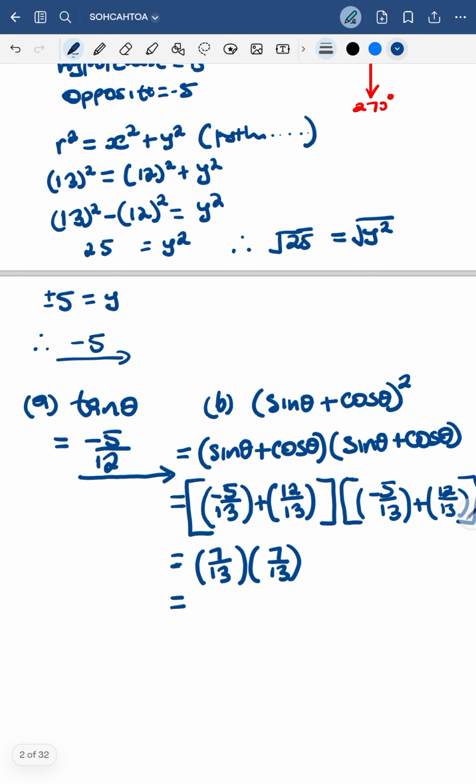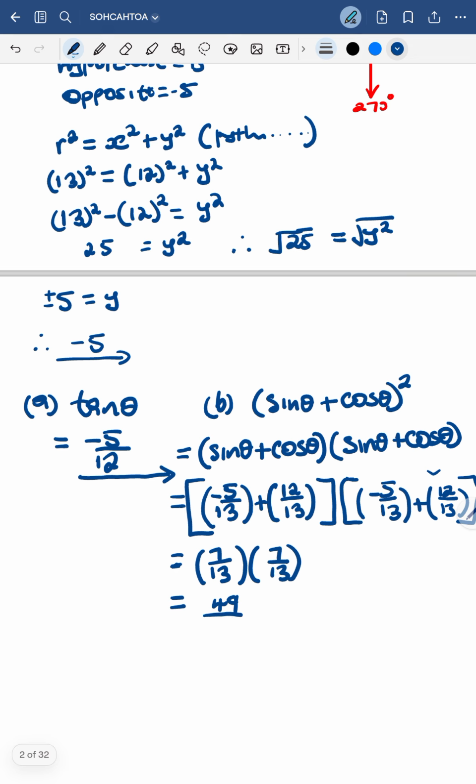Here on this side. So again, let's come to the multiplication. The multiplication doesn't choose which one is the same. It multiplies the numerator, then the denominator multiplies the denominator. So 7 multiplied by 7 is going to be 49.